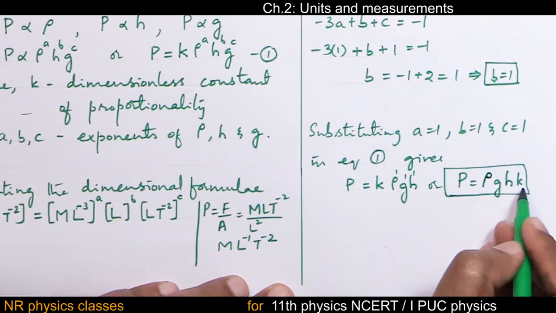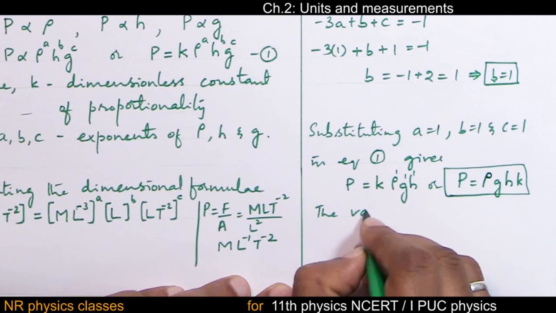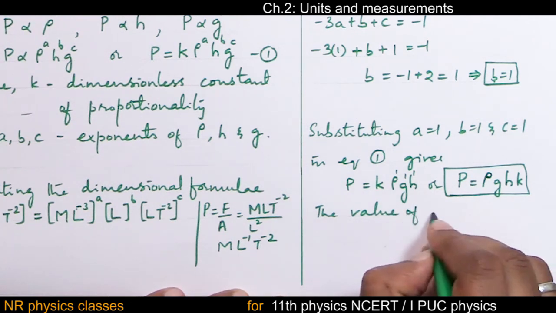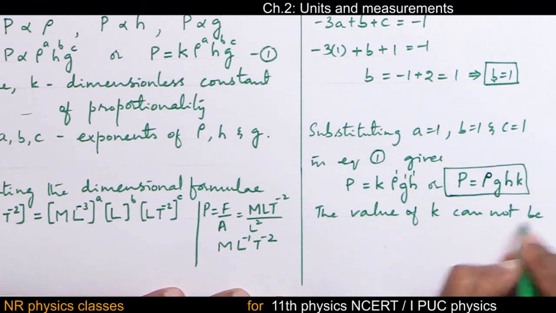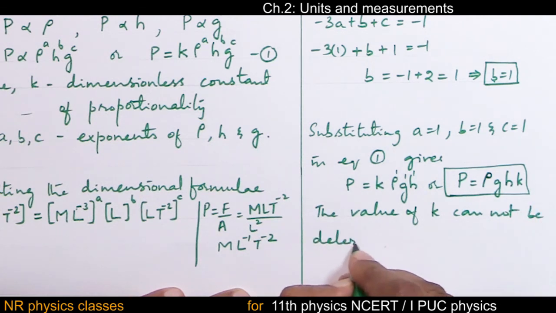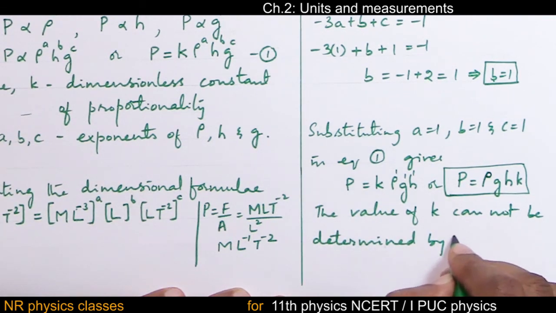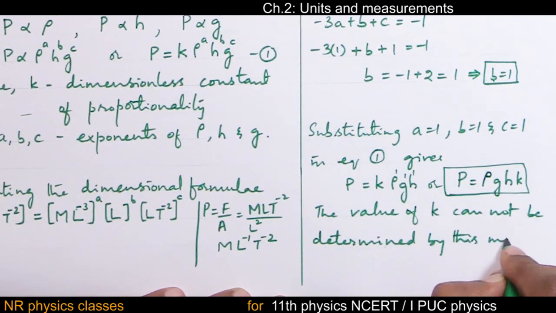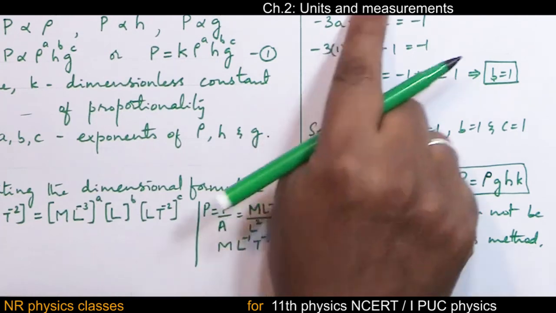Now the conclusion: the value of K cannot be determined by this method. Okay, this is how we can derive few equations.